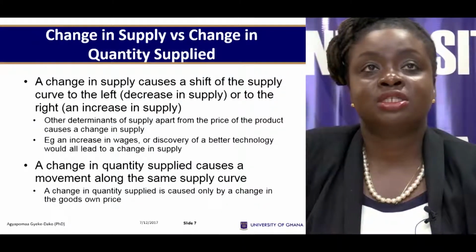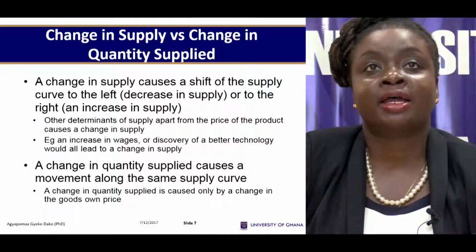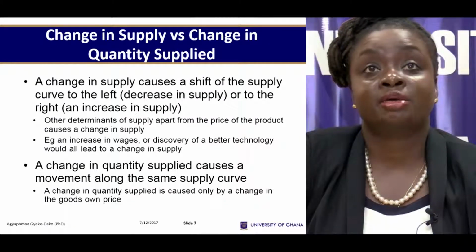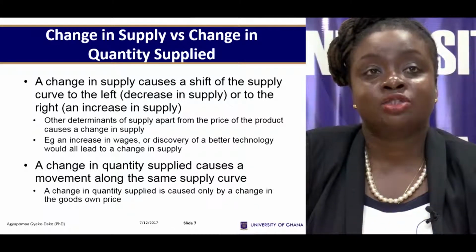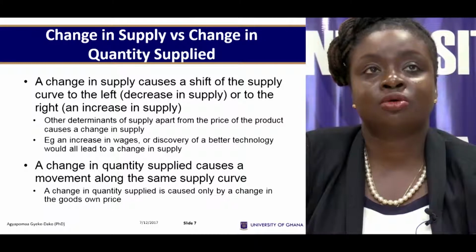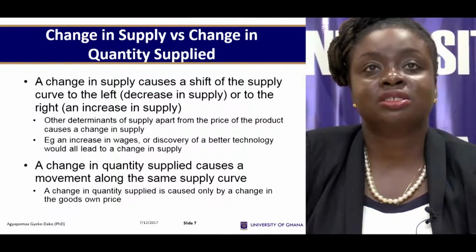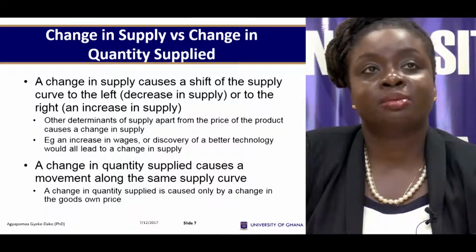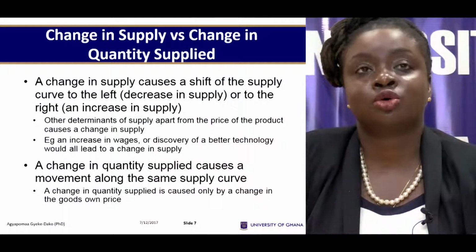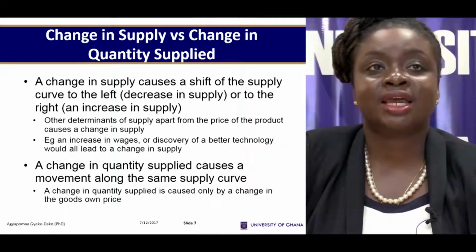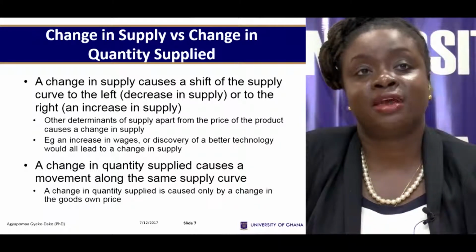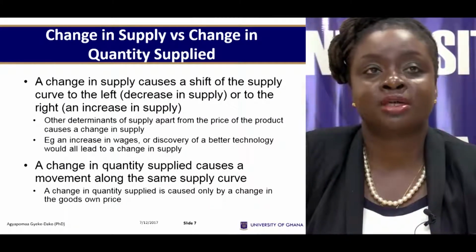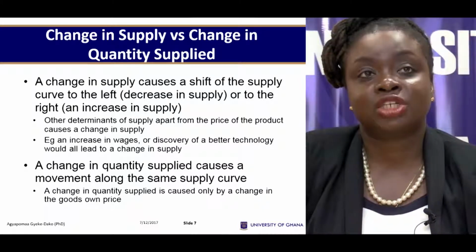Remember that we distinguish between change in supply and change in quantity supplied in microeconomics. I just want us to recap this over here. By change in supply, we are talking about moving the supply curve either to the right or to the left, because any factor apart from the price of the product itself would have changed.